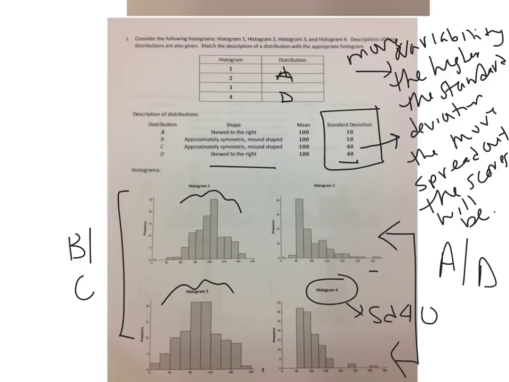Okay? Now let's look between histogram 1 and histogram 3 and decide which one you think would have a standard deviation of 10 and which one would have a standard deviation of 40. So take a few minutes, look at it.